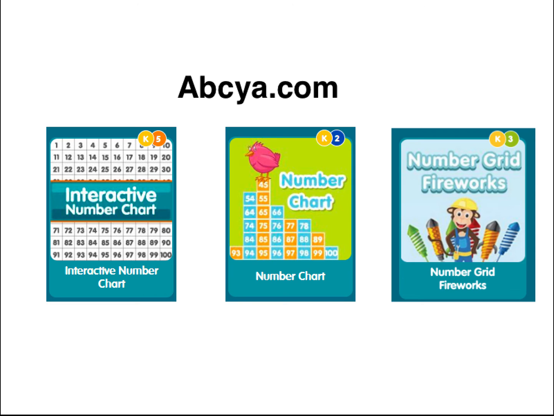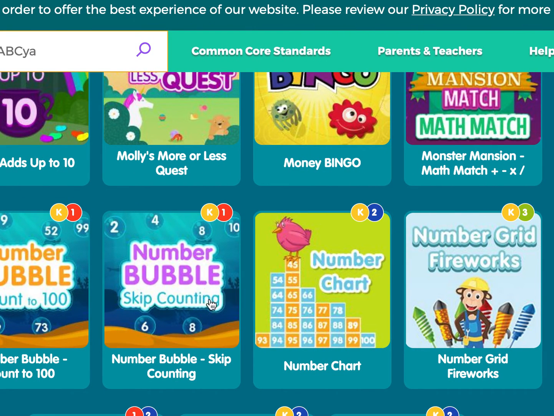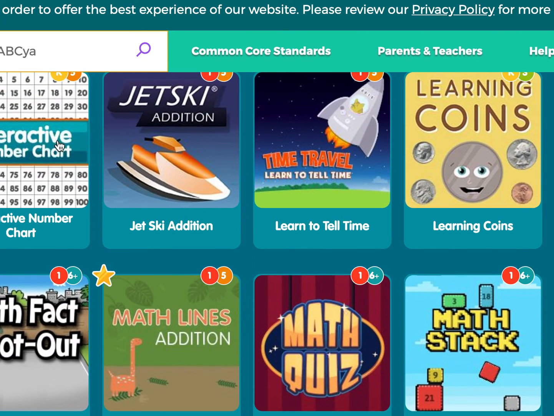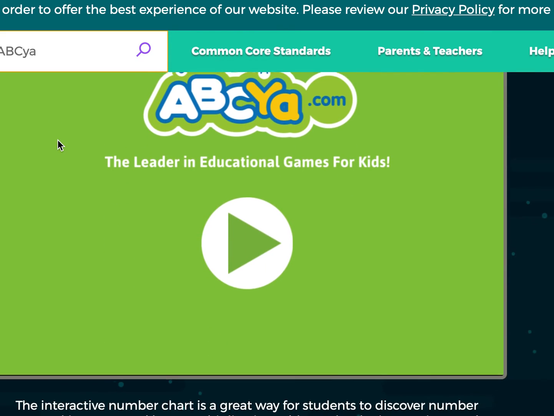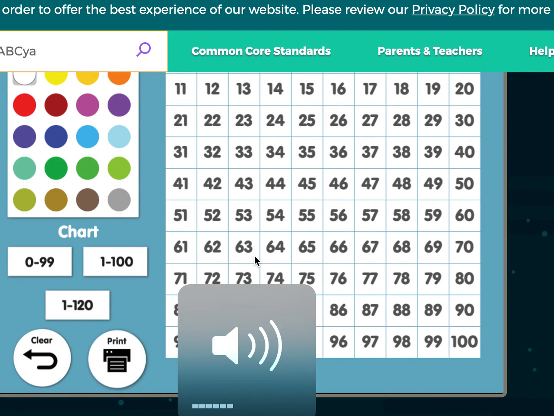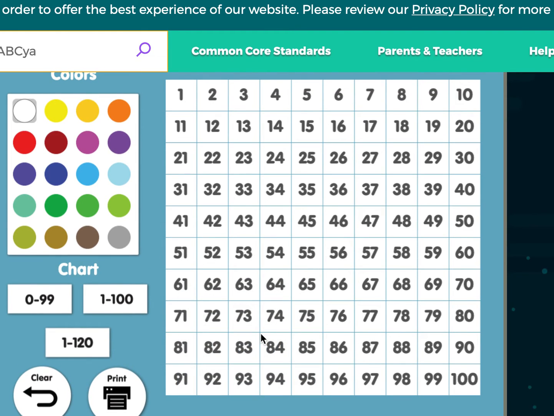There are 3 things you could do. In the interactive number chart, you can find all those patterns yourself. The number chart helps you figure out where all the numbers are, and this one is the hardest one. This one will show me, or yourself, if you actually know where the numbers are. So where's the interactive number chart? Here it is. On this one, you can practice all of them.